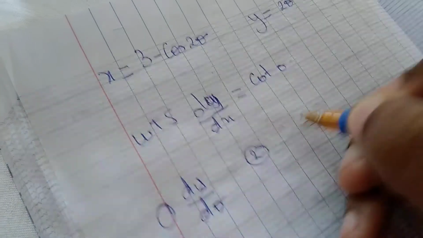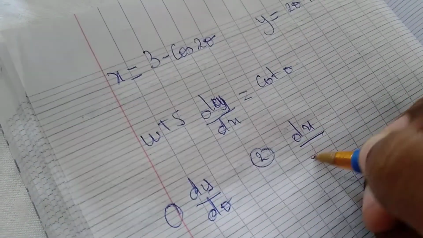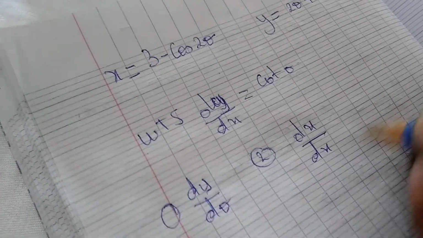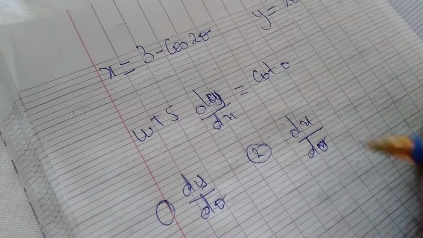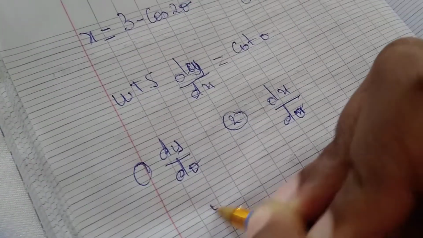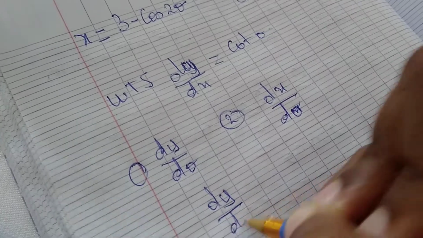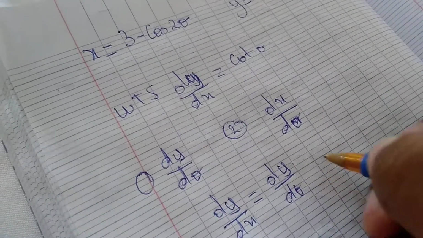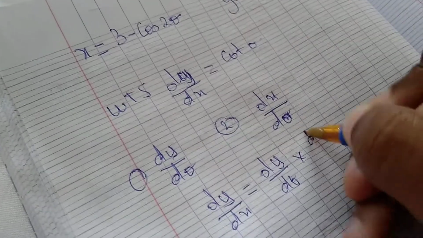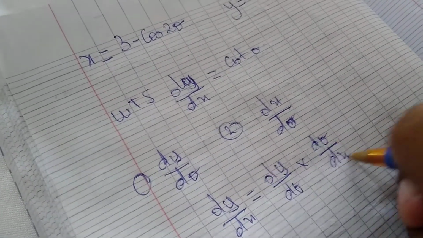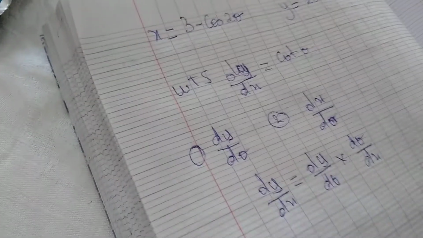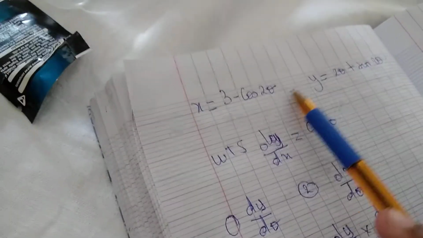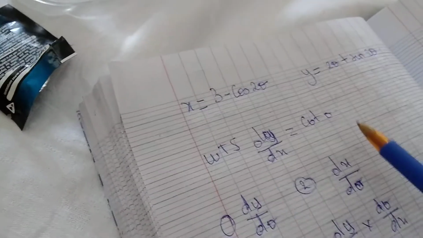My second step, I'll have to find dx d theta. So that at the end of the day, I will have dy dx, which will become dy d theta times d theta dx, so that these cancel each other and you get dy dx. So this is what I'm looking for, making sure that I shouldn't get double angles like I'm having here, but only one theta inside.